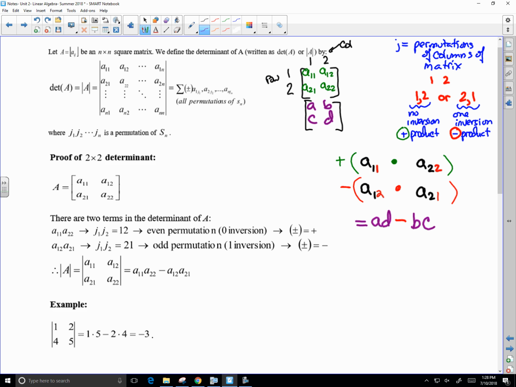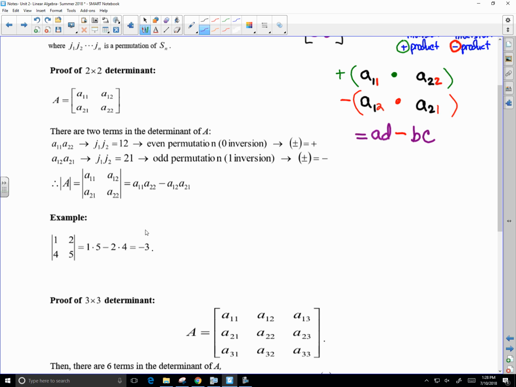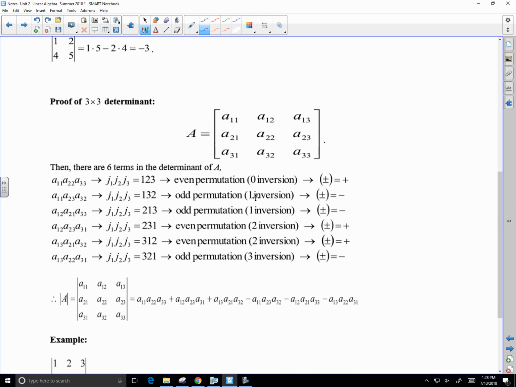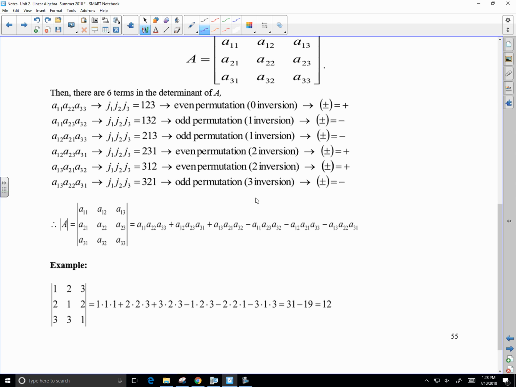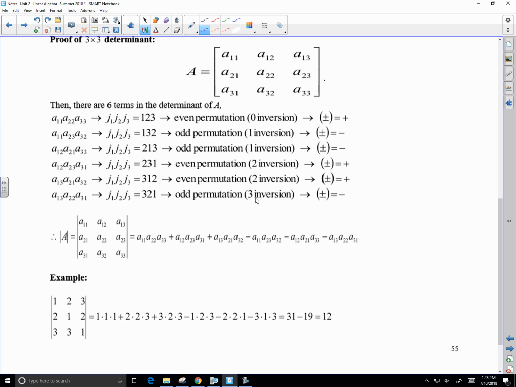Okay. Now, expand that up to 3 dimensions, and you have a lot of work ahead of you. You know what I'm saying? Because you have a 2 by 2 matrix that's 2 possible permutations. 3 by 3 matrix, you can see the progression. I mean, I have it all here, so it's very enjoyable.